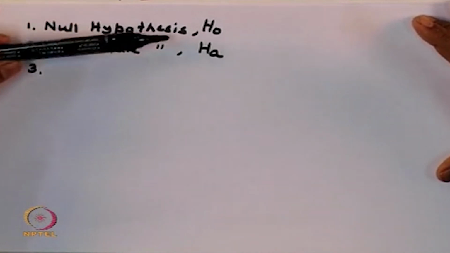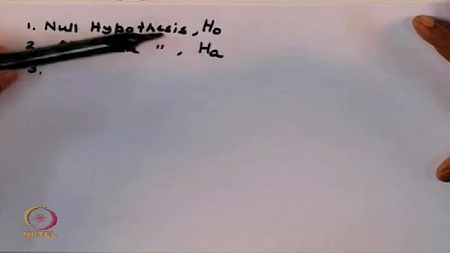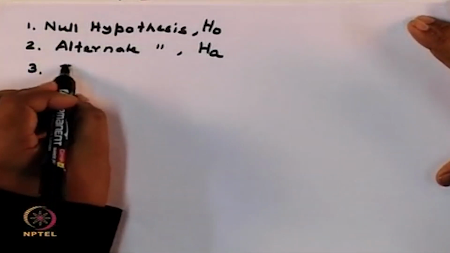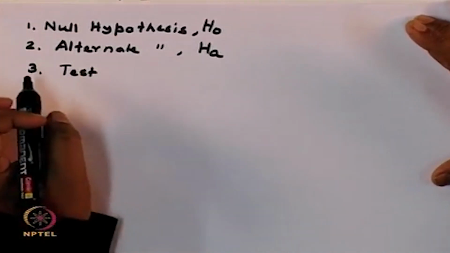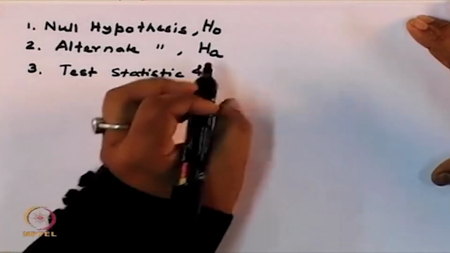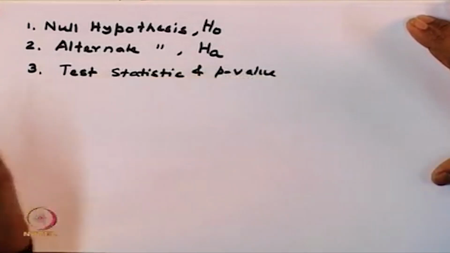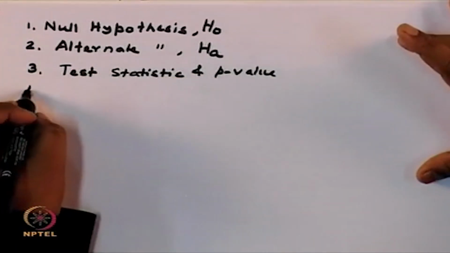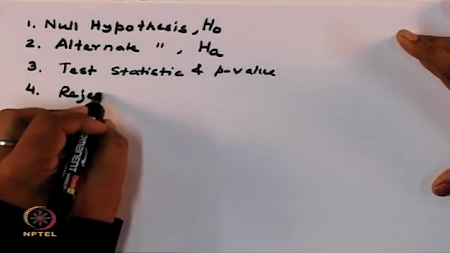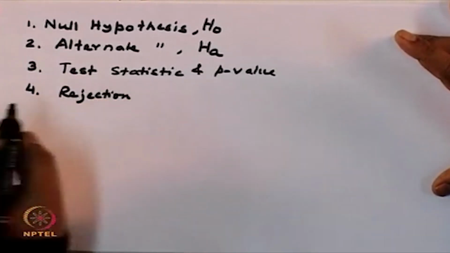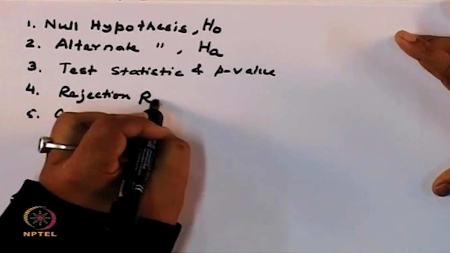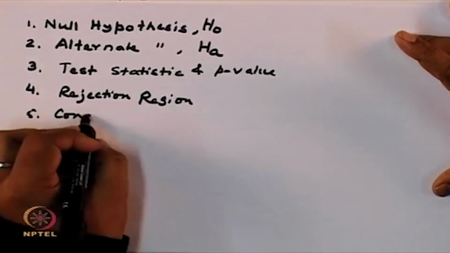So, you either accept the null hypothesis and reject the alternate hypothesis, or you reject the null hypothesis and accept the alternate. So, you decide based on some test statistic, and a p value which is representative of the confidence you have in measuring this test statistic. You have some rejection criteria, and then based on this rejection criteria or rejection region, you draw your conclusion.